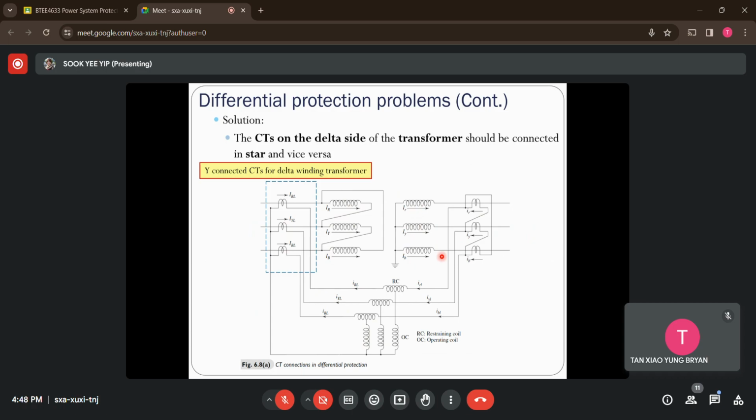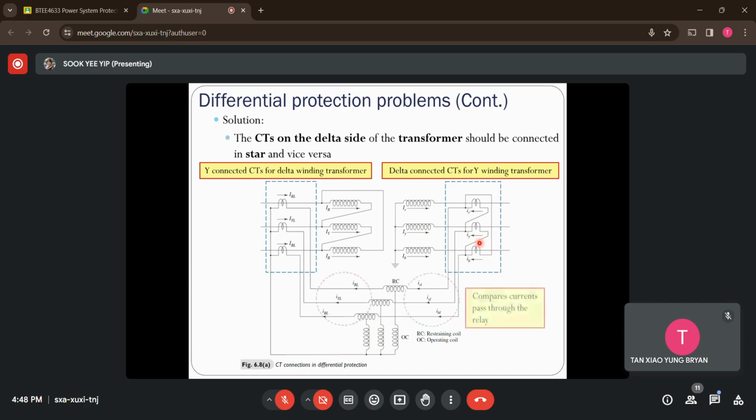For the Y connected secondary side, the current transformers need to be connected in delta connection instead. With these proper connections, it can compensate the 30-degree phase angle difference. As a result, there will be no spill current flowing through the relay operating coil. That is basically how to solve this problem.